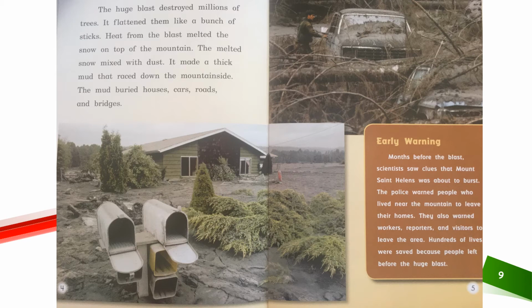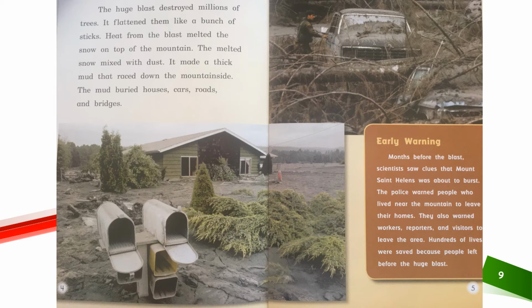I noticed on the next page, page 5, it has a different little text box, but you want to read all the parts of anywhere on the page that you see text. This is called early warning. There you go, another text feature. Months before the blast, scientists saw clues that Mount St. Helens was about to burst.